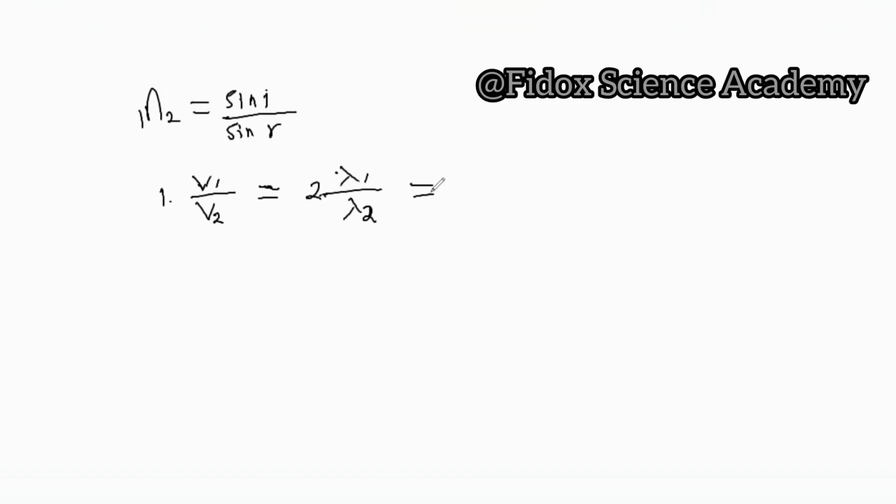And it's also equal to the third one, which is sine of angle of incidence all over sine of angle of refraction. And all these are equal to the refractive index in medium 1 with respect to medium 2.